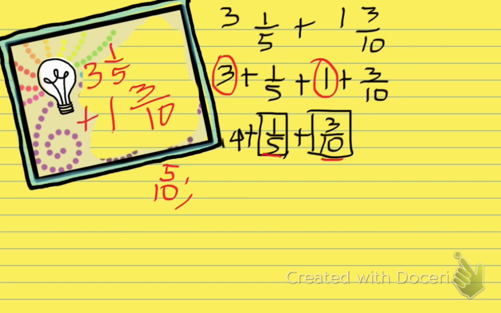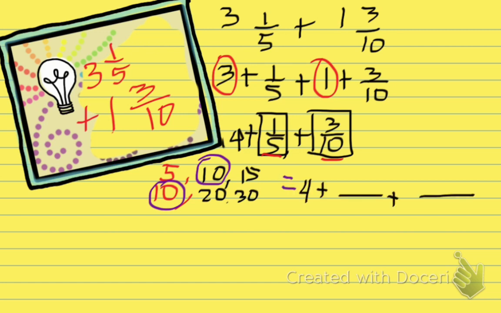So the multiples of 5: 10, 15, and so on. Multiples of 10: 20, 30, and so on. Now we get our common multiple. So the common multiple is 10. So this will be our denominator now. Our common denominator is 10.